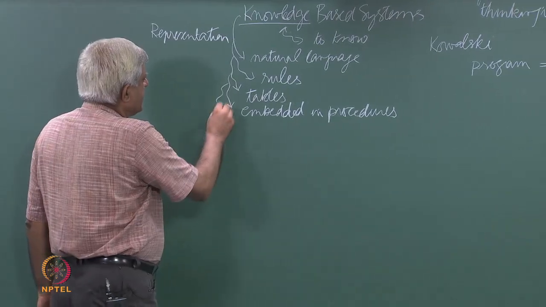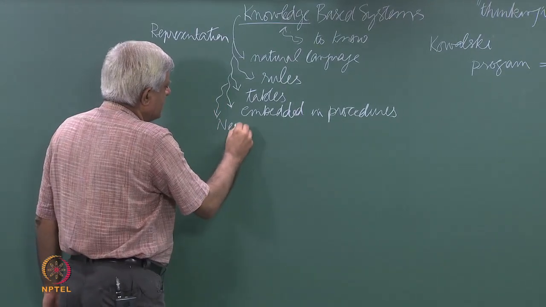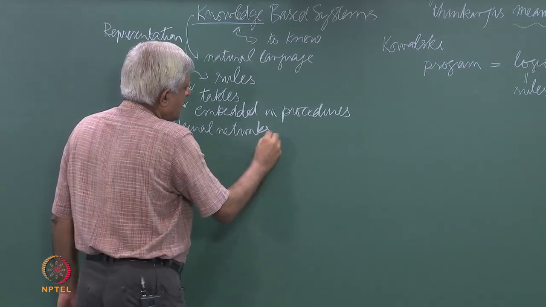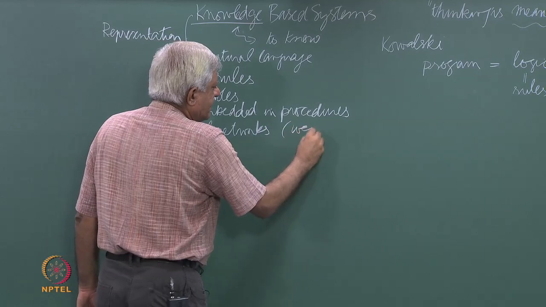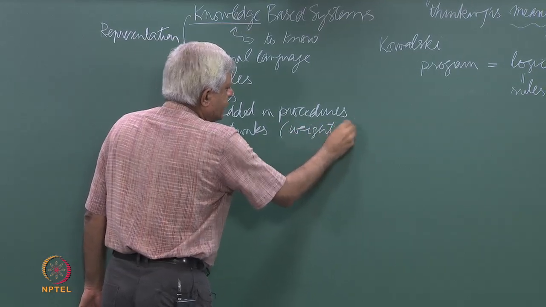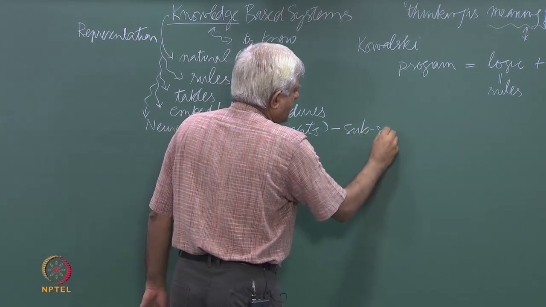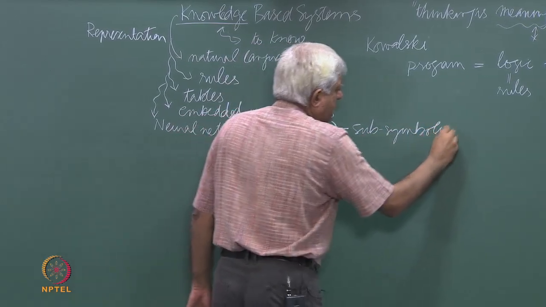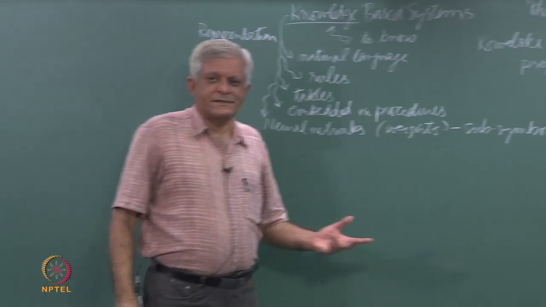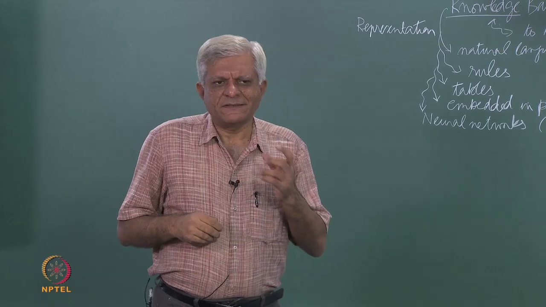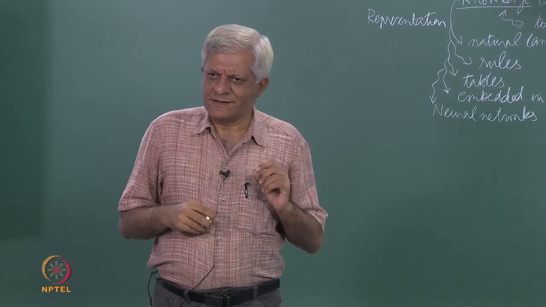Then there are things like neural networks, which basically encode knowledge in the form of weights, and we had already observed that these are sub symbolic. They are explicit representations, but a symbol does not stand for something in a neural network.